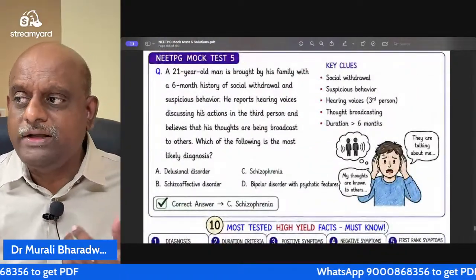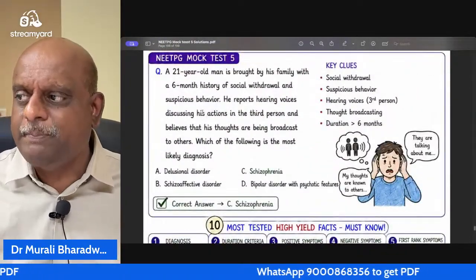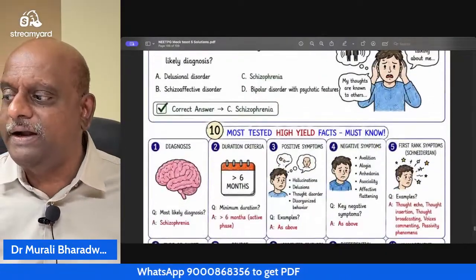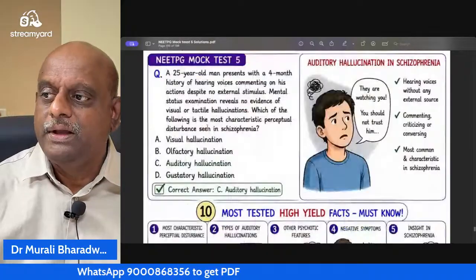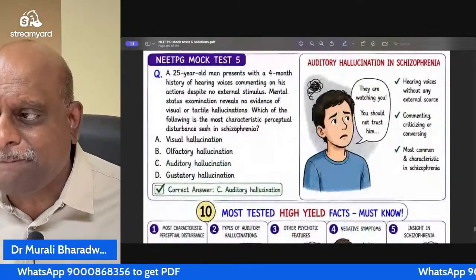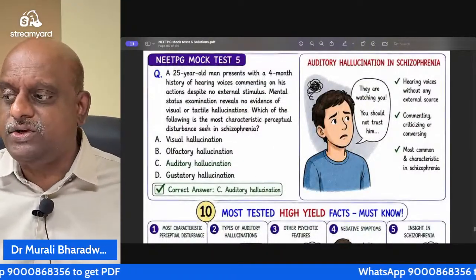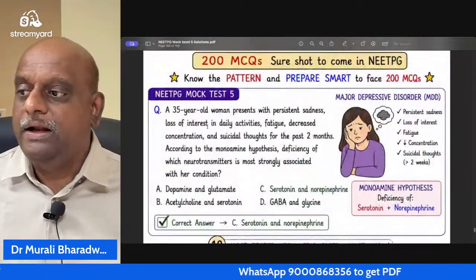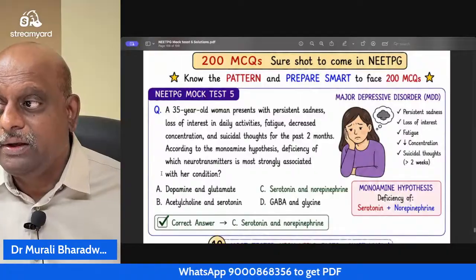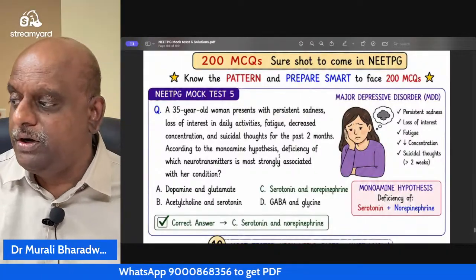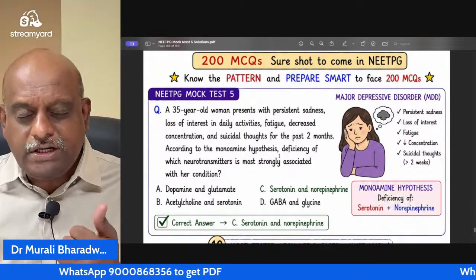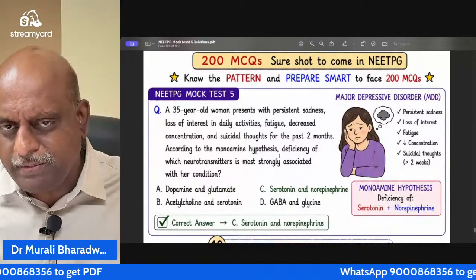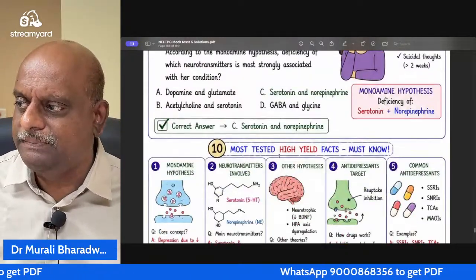Similarly, hearing voices discussing his actions in third person, believing his thoughts are being broadcasted, is schizophrenia. Most characteristic perceptual disturbance which is seen in schizophrenia is auditory hallucination. Now, typically major depressive disorder, it is the deficiency of serotonin, norepinephrine. The two main neurotransmitters make us depressed, doctor, so don't be depressed.